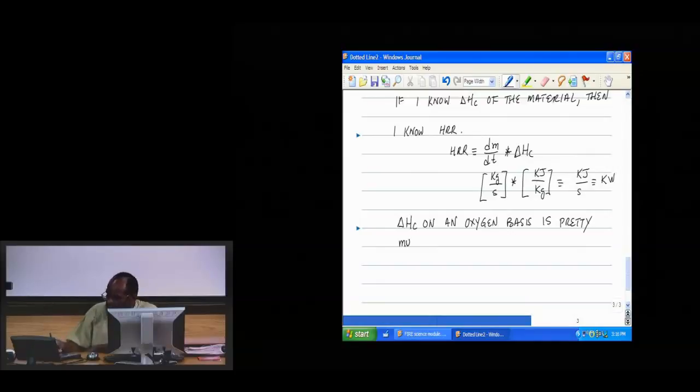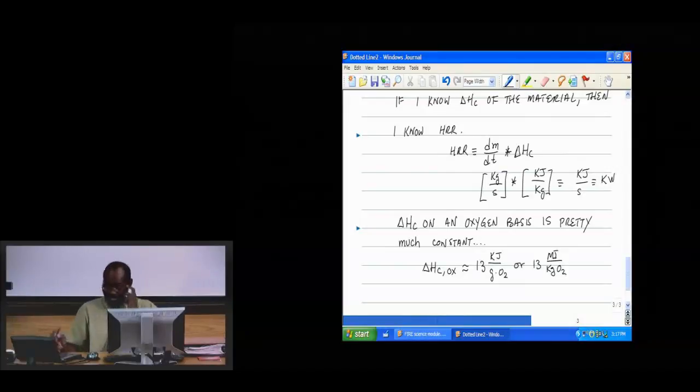Let me show you that in a second. I'm going to quote you the number, and then we're going to go back and show what it means. So delta Hc on an oxygen basis is about 13 kilojoules per gram O2, or 13 megajoules per kg O2.